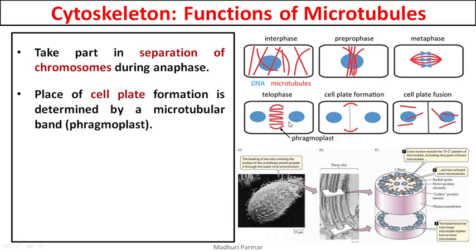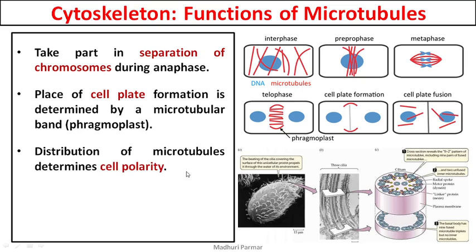If you can understand this, well and good. If not, do not worry, we will be discussing this when we cover the next chapter, which is cell cycle and cell division. So basically, where the cell plate that divides the two plant cells will form is decided by microtubules.